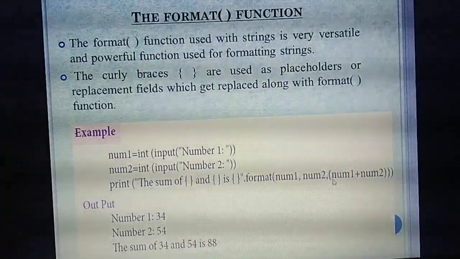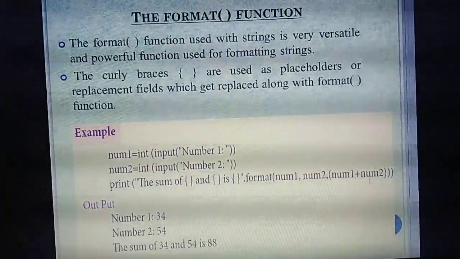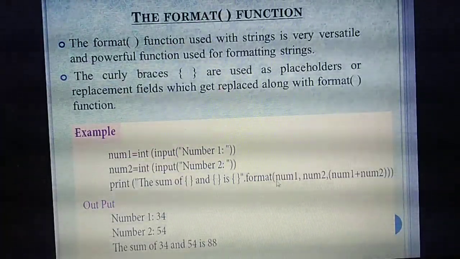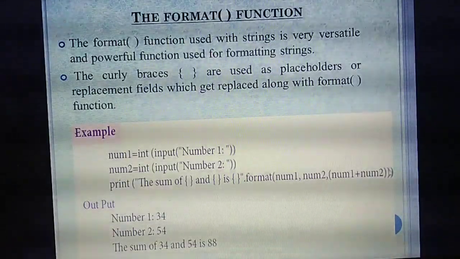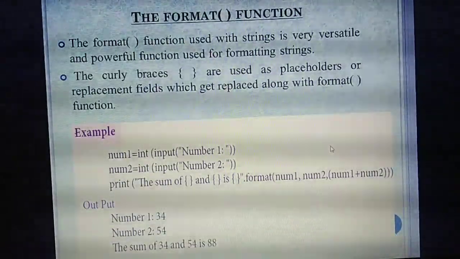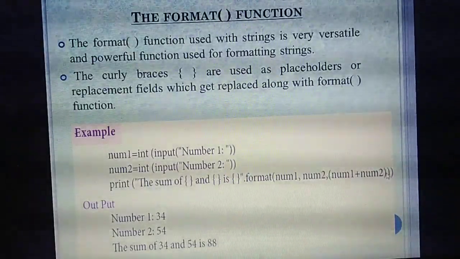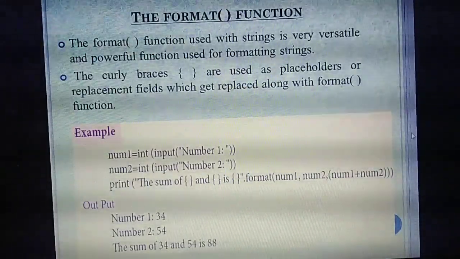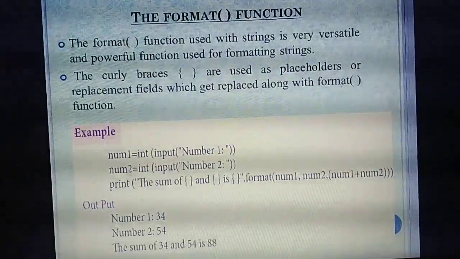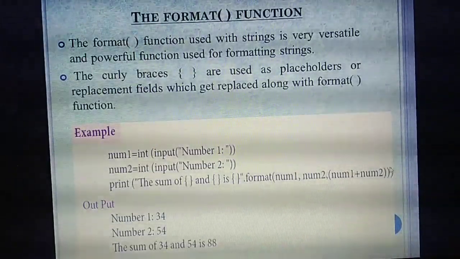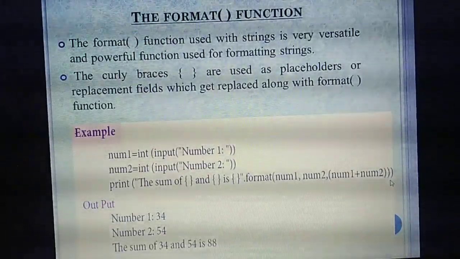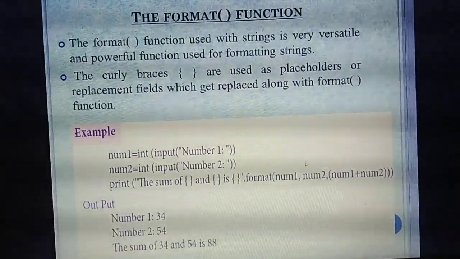So inside the bracket you add the two numbers, num1 plus num2. Please understand how many brackets there will be. This bracket is closed. Then format, that is the second bracket you need to close. Then the print, that is the third bracket. So this line starts from here and ends here.